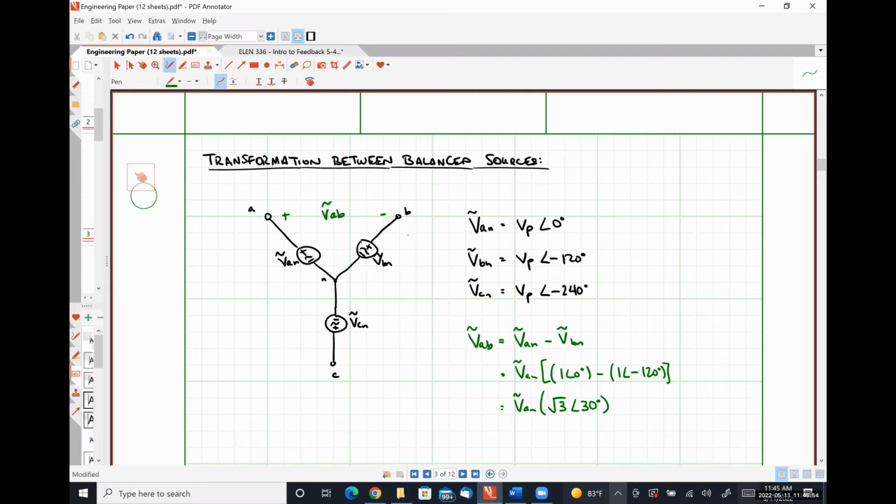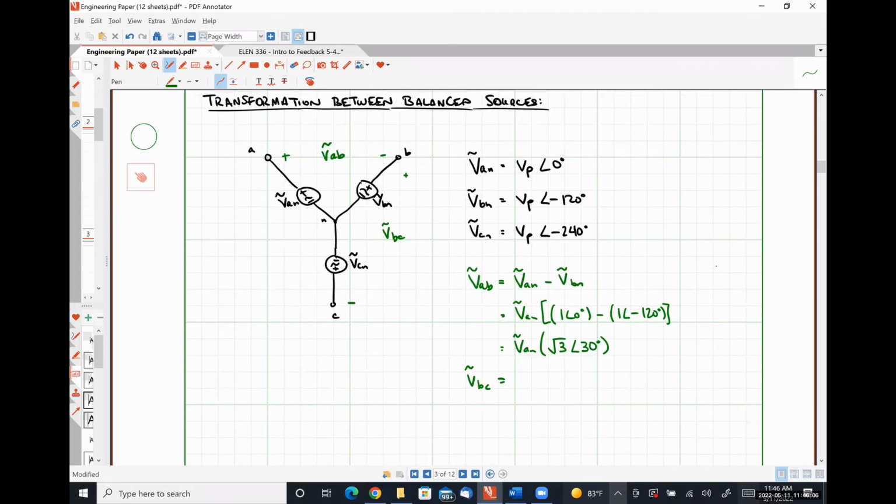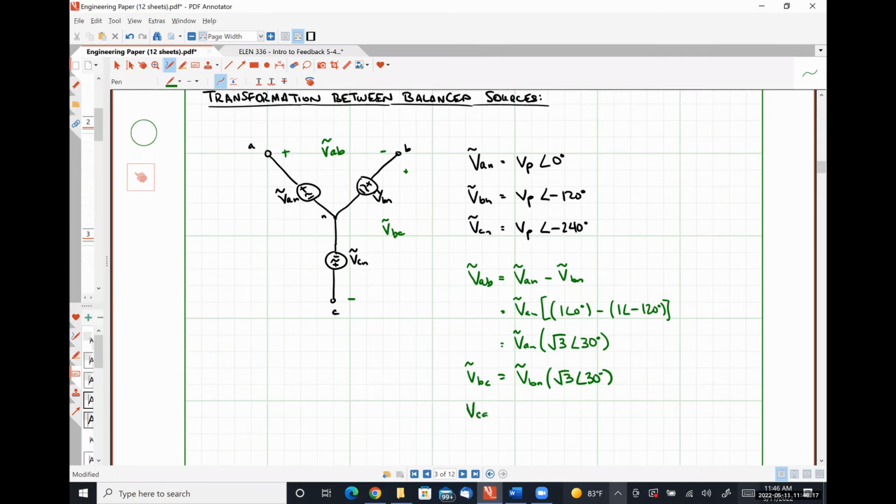Similarly, we could say that VBC is equal to VBN times the square root of 3 angle 30 degrees, and VCA would be equal to VCN multiplied by the square root of 3 angle 30 degrees.